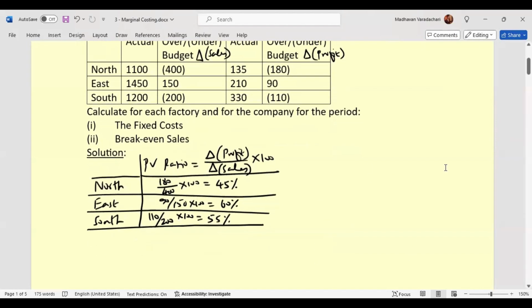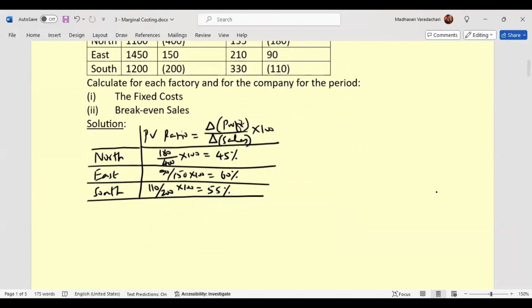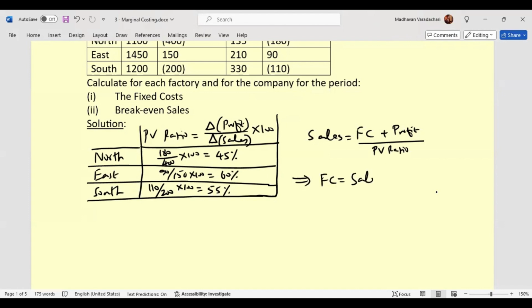Now, we know sales is equal to fixed cost plus profit divided by PV ratio, which means we can say fixed cost is sales multiplied by PV ratio minus profit.